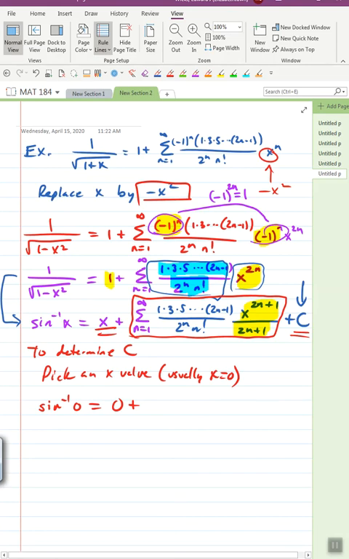My first term is an x cubed term. When n is 2, this is an x to the 5th term. When n is 3, this is an x to the 7th term. If your terms in this series are something x cubed plus something x fifth plus something x seventh and so on, and you plug 0 in for x, what is this entire series going to evaluate to?